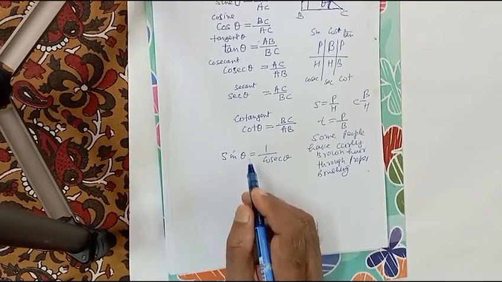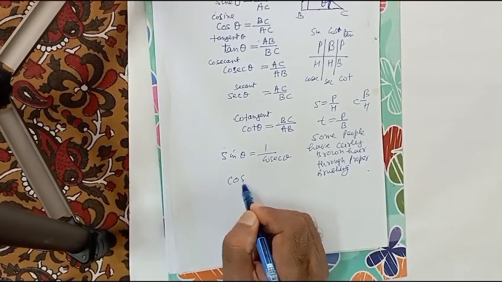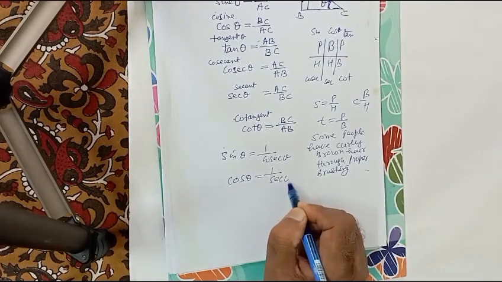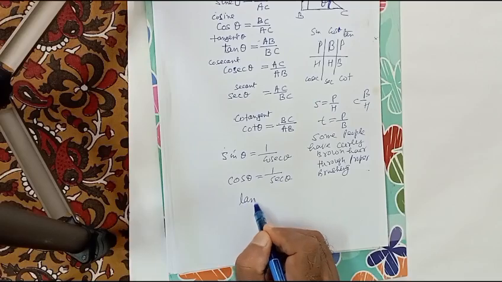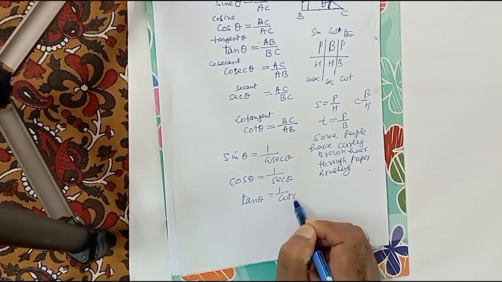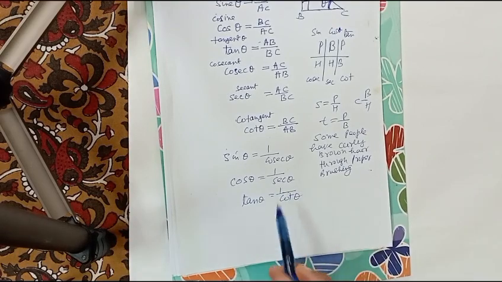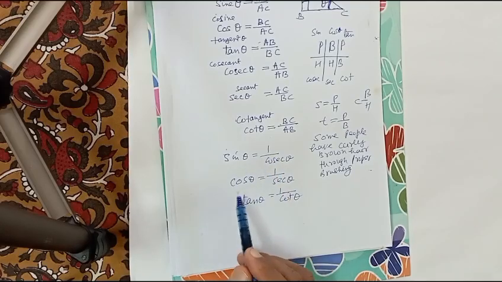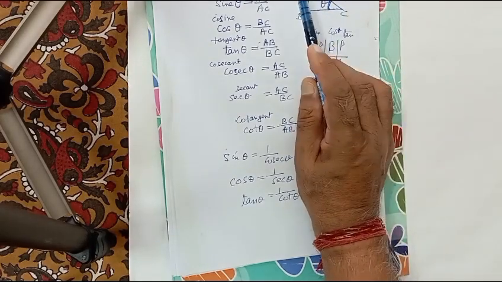And again you can write cos theta is equal to 1 upon sec theta, and tan theta is equal to 1 upon cot theta. Similarly, cosec theta equal to 1 upon sin theta, sec theta equal to 1 upon cos theta, and cot theta equal to 1 upon tan theta. You can write yourself.